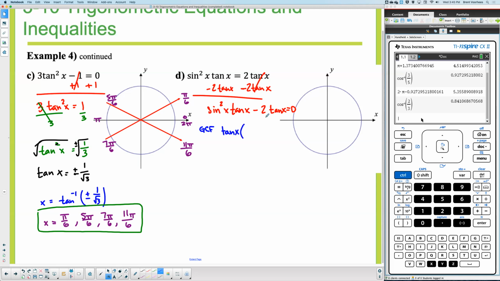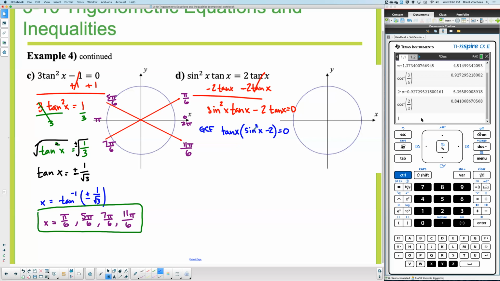And so I'm left with a sine squared x, when I take that out, minus 2 equals 0. Like that. So now I have what we would call a zero product property.